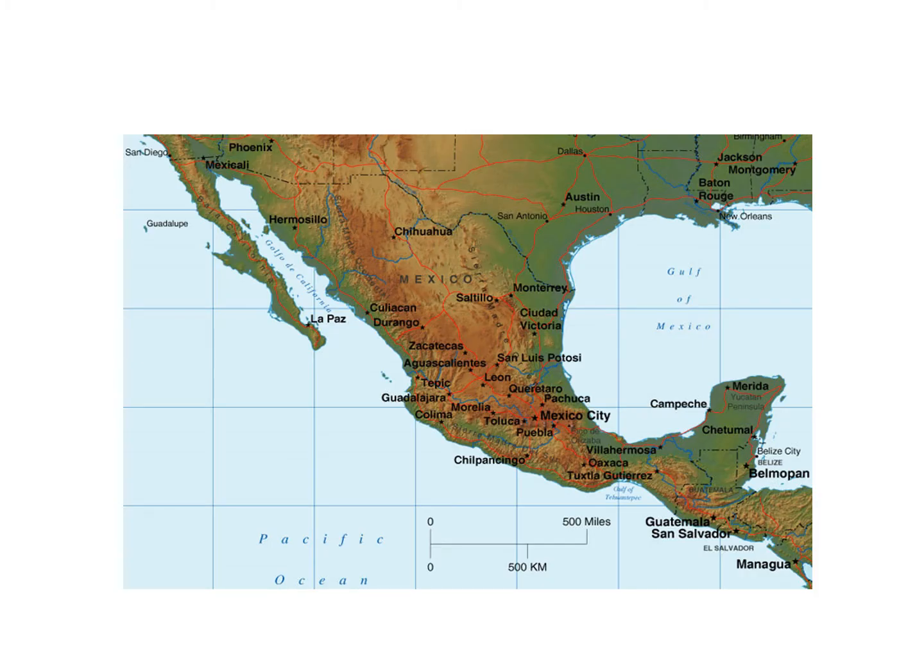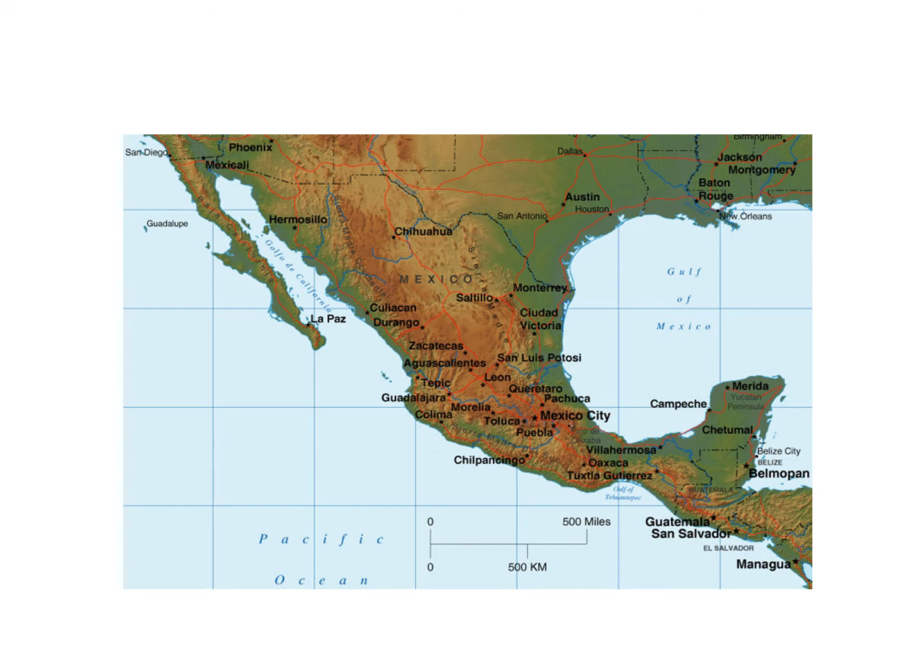You can see Chilpancingo there in the southern part of Mexico. And it was at this point that these rebels actually called for Mexican independence and had delegates at this Congress who now began to envision an independent Mexico. However, Morelos met the same fate as Hidalgo. He was eventually caught and executed by the royalist forces.